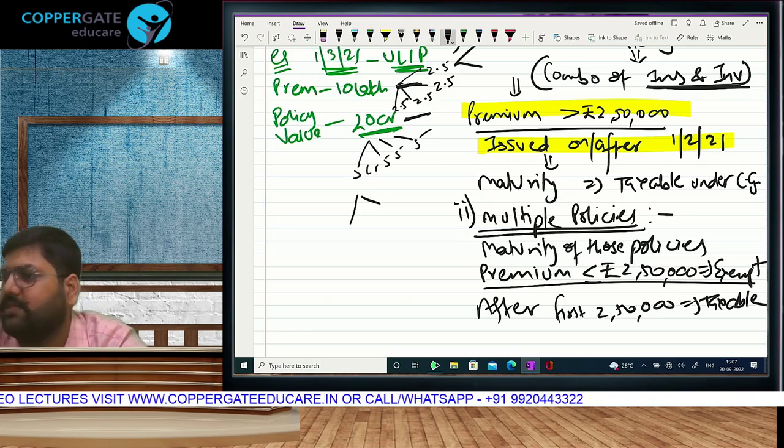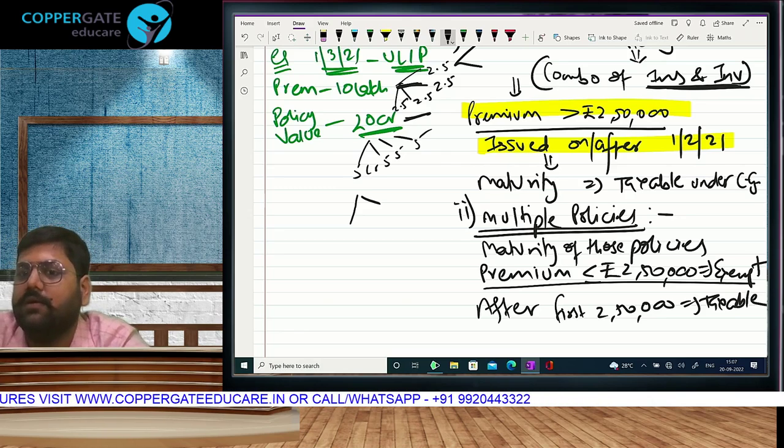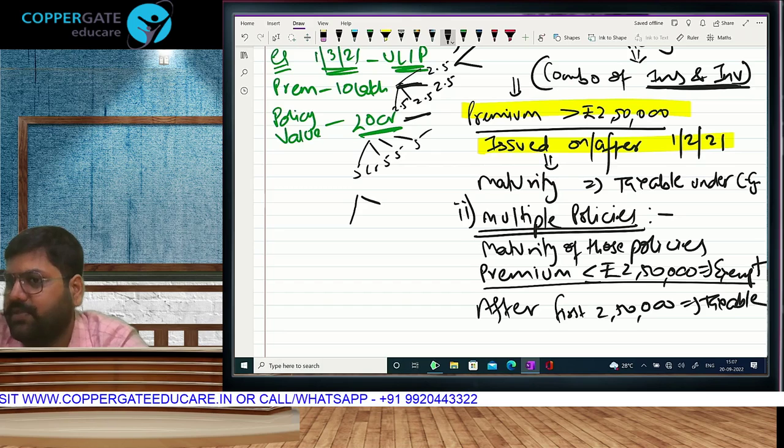even if it is within the limit of 20, 10 and 5, but not for death cases. Death cases were exempt, will continue to remain exempt. Only for ULIP, because ULIP only offers such benefits.